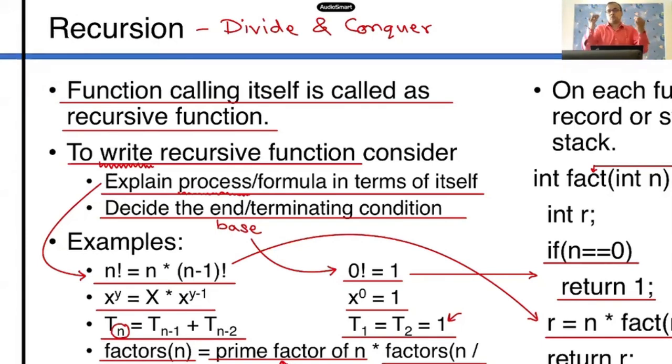Please understand. I'm saying that I want to print the numbers 1 to 10. So don't think from the loop perspective. Loop हमको नहीं आता है, and say that I want to print 1 to 10 using recursion. So you first understand, given a problem, can I put it in a divide and conquer fashion? I say that you consider the minimum number as 1, the maximum number as 10.